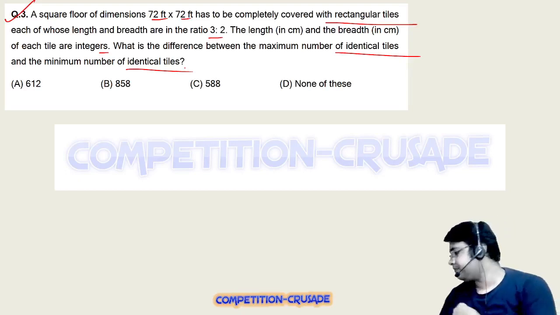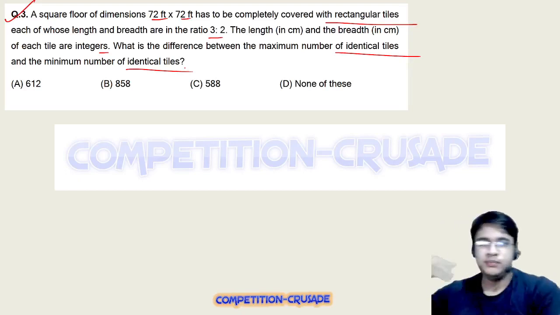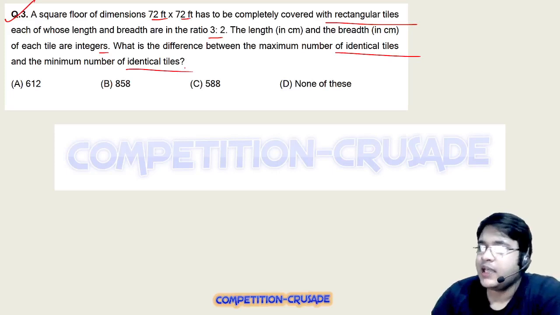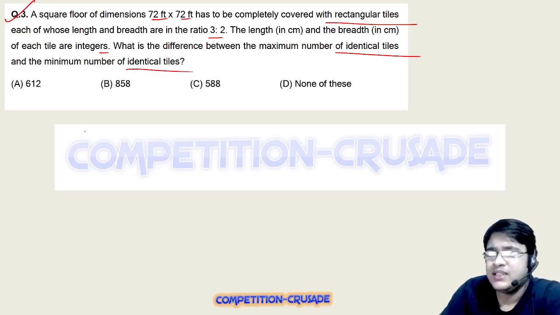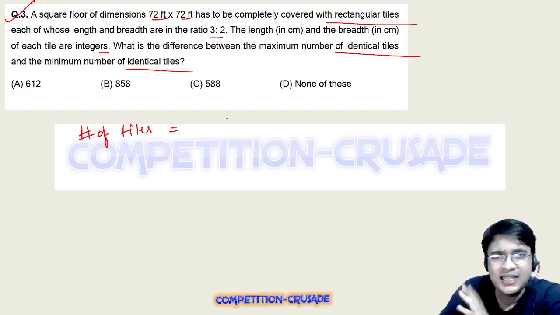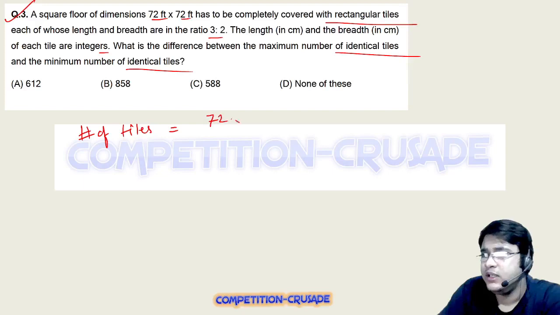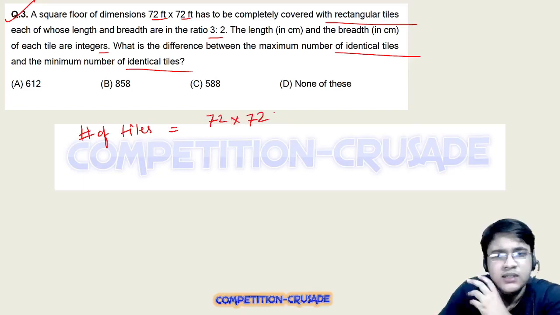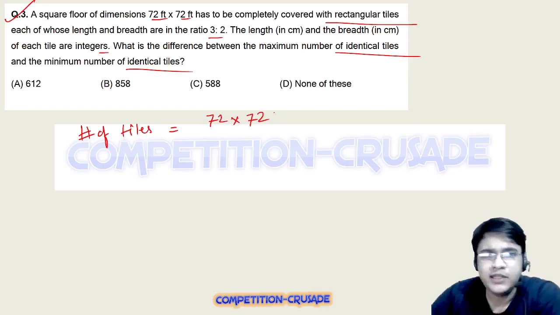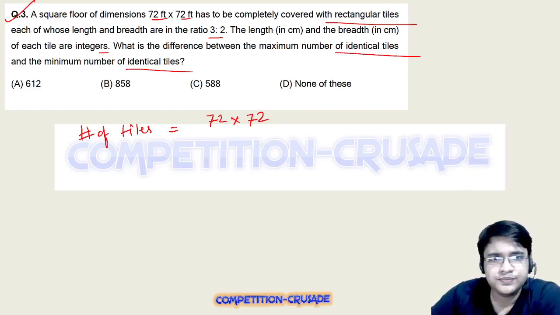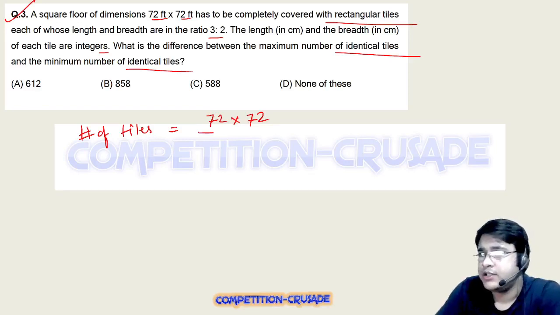We have been studying since childhood that in tile questions, when we have to find the number of tiles, what we do is take the area that is given, which is 72 into 72. At this point I am not even concerned about feet, centimeter, whatever. I'm only concerned about the dimension.